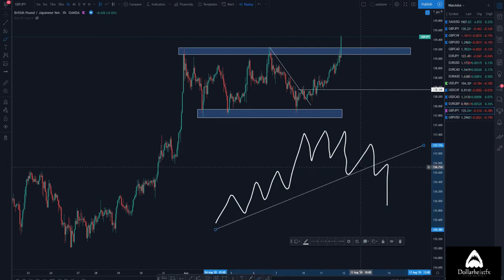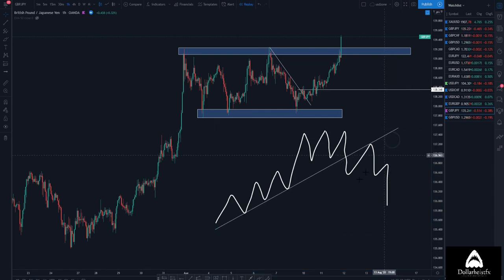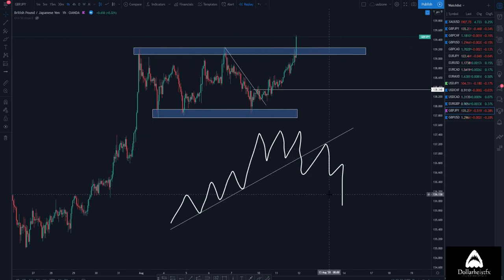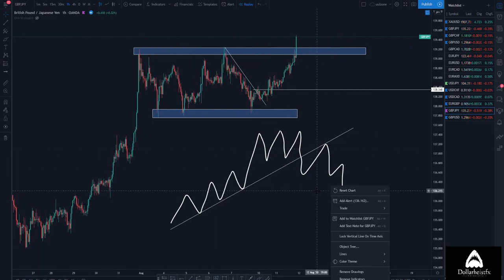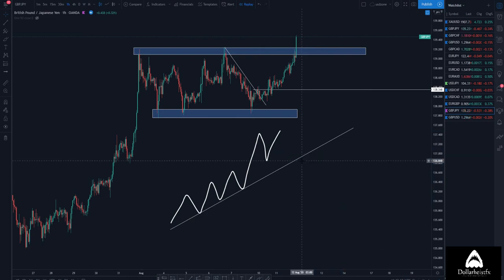It's already reversed. This is a lower low and this is a lower high. Your trend line has to be on the higher high, higher low, like this. Higher high, higher low, higher high, higher low. It breaks and it retests, and then it continues with the movement.